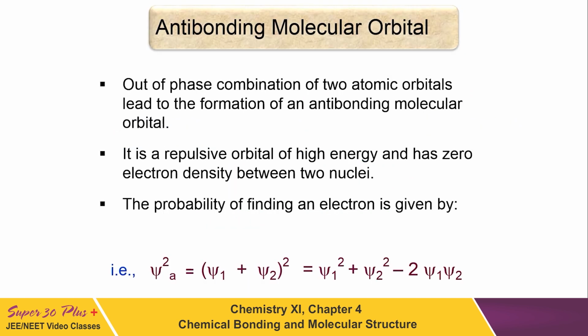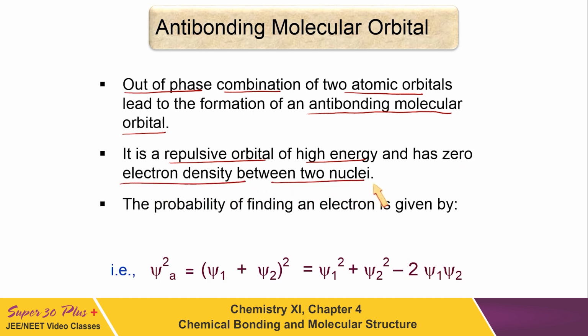Exactly the opposite happens with the ABMO. ABMO forms from an out of phase combination of 2 AO. When the 2 AO combine with each other and form an out of phase combination, there is the production of anti-bonding molecular orbital, ABMO. It is a repulsive orbital of high energy and has zero electron density between two nuclei.